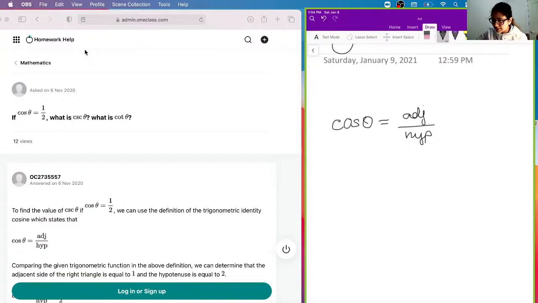Comparing this to the given value, we can determine that the adjacent side of the right angle triangle is equal to 1 and the hypotenuse is equal to 2, right?